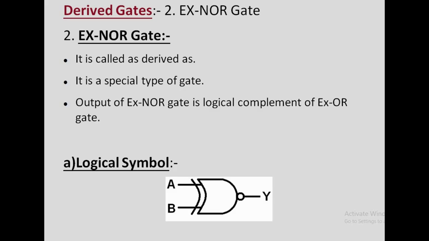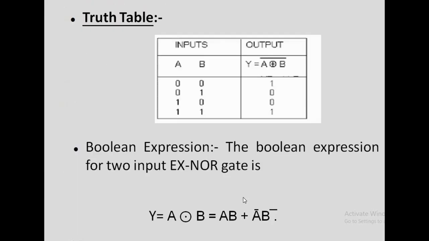Next derived gate is XNOR gate. Once again, it is a derived gate and it is a special type of gate. Output of XNOR gate is the logical complement of XOR gate. This is the symbol of XNOR gate. The difference between XOR and XNOR is only the bubble. Truth table for XNOR gate.